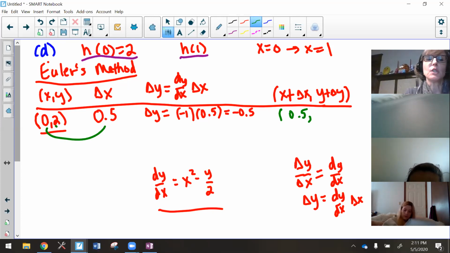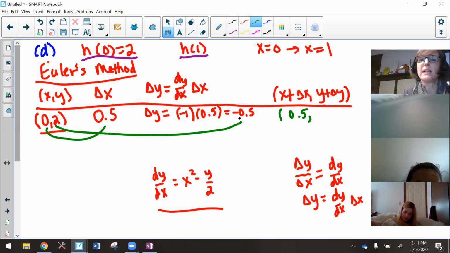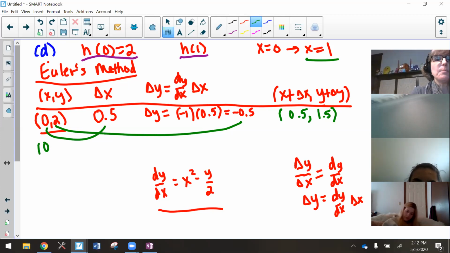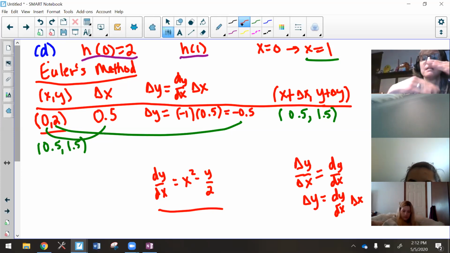And then I'm going to take 2 plus -0.5, and that's going to give me 1.5. And I'm not at x equals 1 yet, so I bring that new point over here, and it becomes my starting point for my next iteration, my next increment.